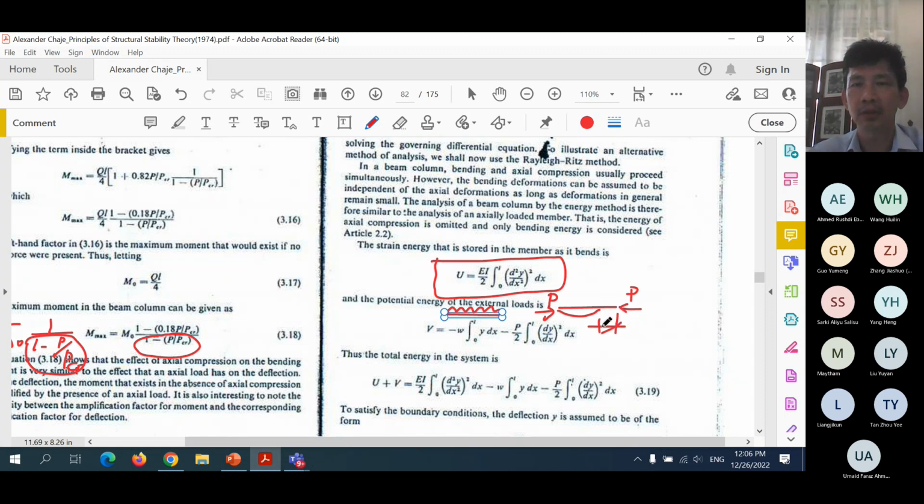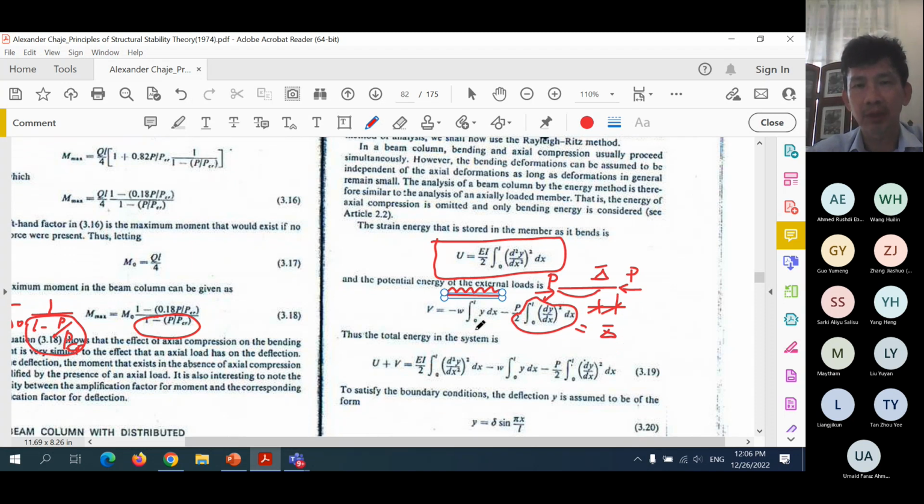So this P is going to move this amount here, call it delta bar. The term that is multiplied with P is equal to how much this load P has moved because of the bending. This is the one that we will look at when we apply the Rayleigh-Ritz method to the case of the beam column. This is the process that we go through in order to get the potential energy of the external load.